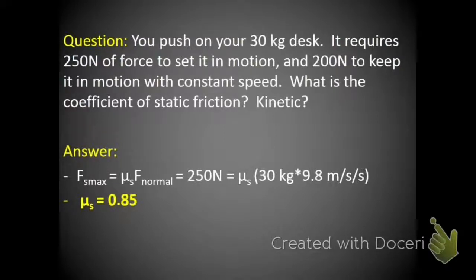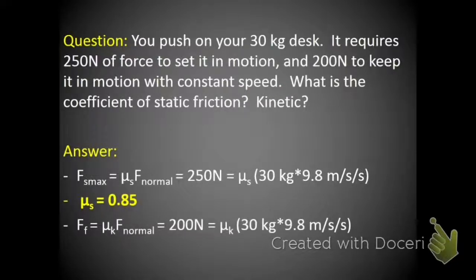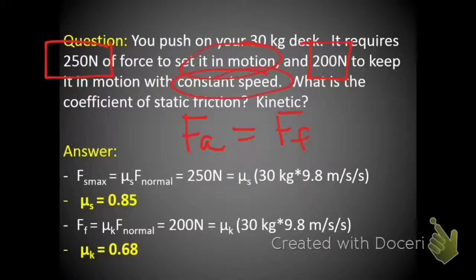And once it's in motion with constant speed, then we are balancing the frictional force of kinetic friction at 200 newtons of push with mu times the normal force. So in this case, for both of these, we were setting equal the applied force to the frictional force because there was an equilibrium, right? The applied force was equal to the frictional force to get it in motion and then to move it with constant speed.